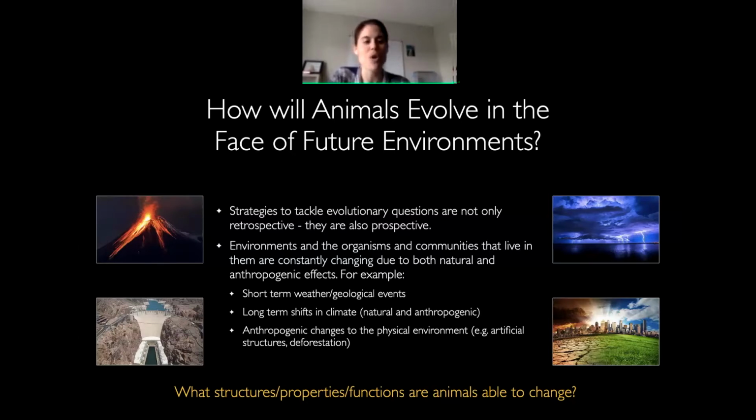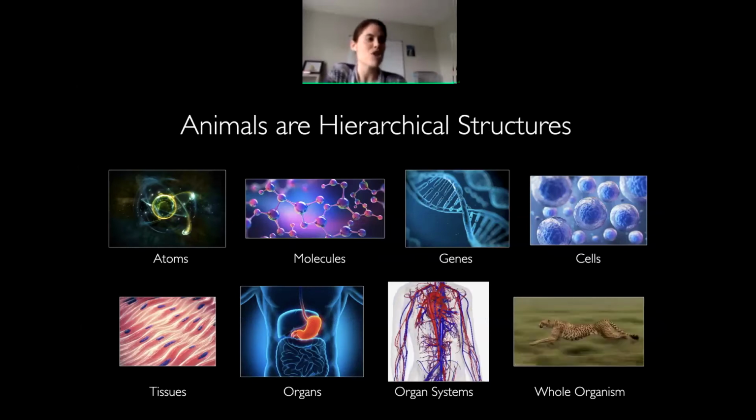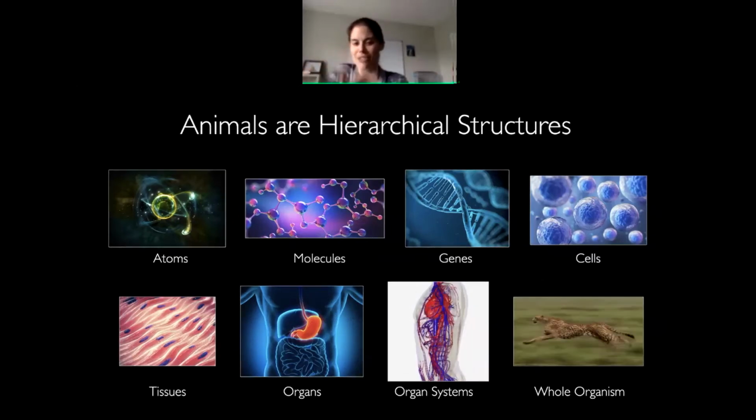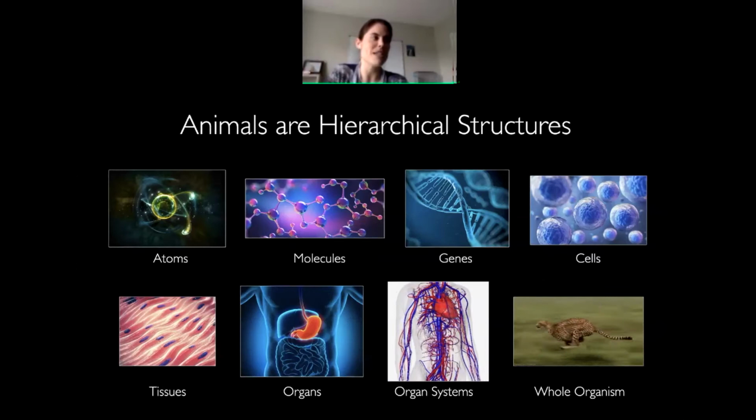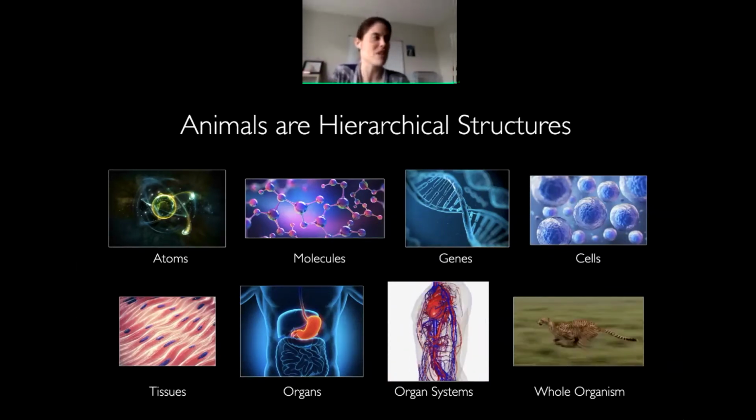And so I think when we're looking at these retrospective or prospective kinds of questions, it's useful to take a step back and think about what structures and properties and functions the animals are able to change? What do they have to deal with? What's the raw material that we're dealing with? So animals are very hierarchical structures. I'm not showing you every organ or every level of organization here, of course, but we can go all the way back to atoms, subatomic, if you want to go that far.